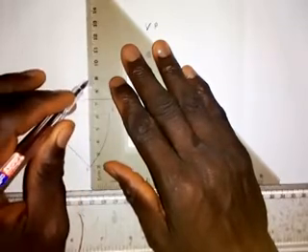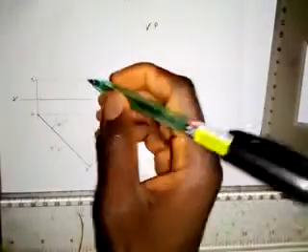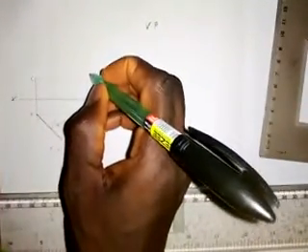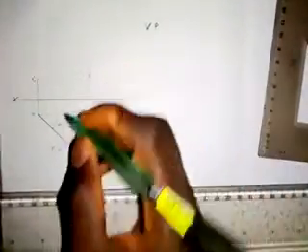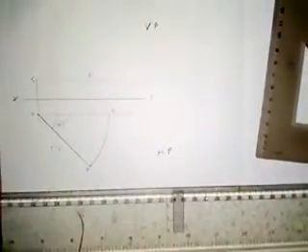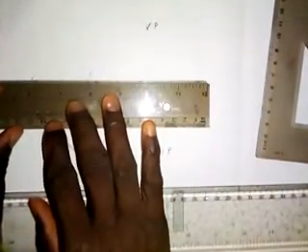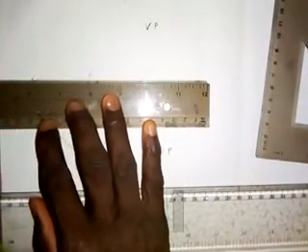Wherever it touches on the line that we produce on the vertical plane, you call this point B prime. So this A prime B prime is the front view of line AB.